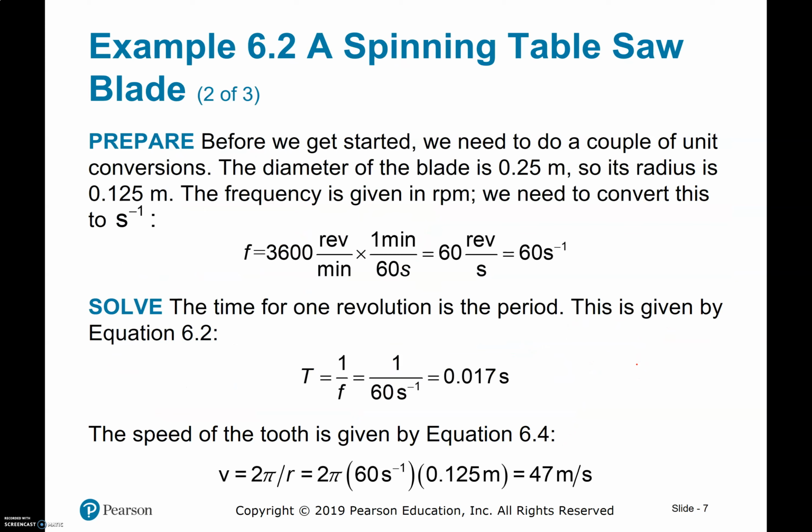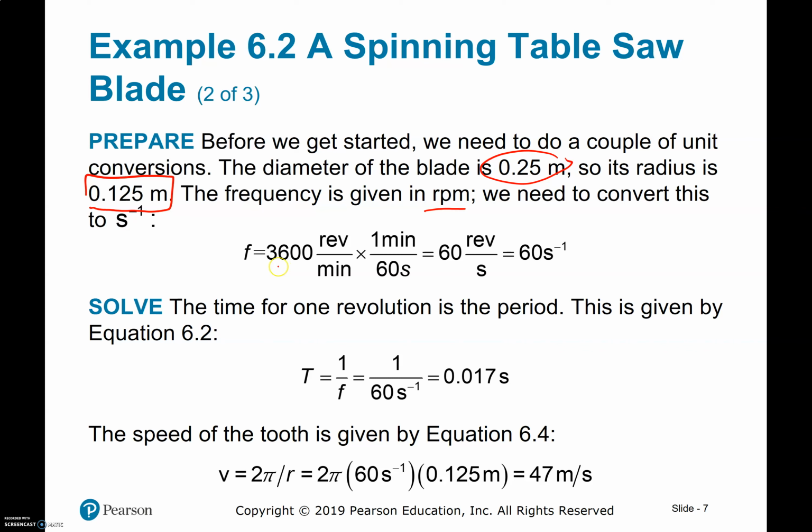We know the diameter is 0.25 meters, so the radius, which is what we need, is half of that, 0.125 meters. The frequency is given in revolutions per minute, but we need to convert this to 1 over seconds, right?